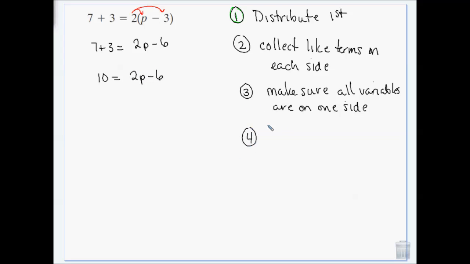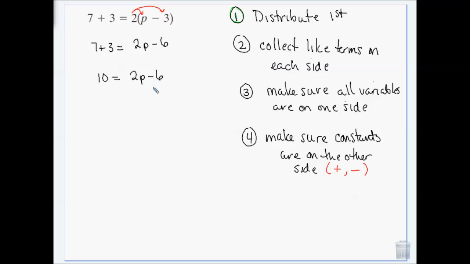And then I want to make sure my constants are on the other side. So by that I mean you're going to do your adding or your subtracting. So I've got a minus 6 here, so I'm going to add 6. So I'm going to get 16 is equal to 2p.